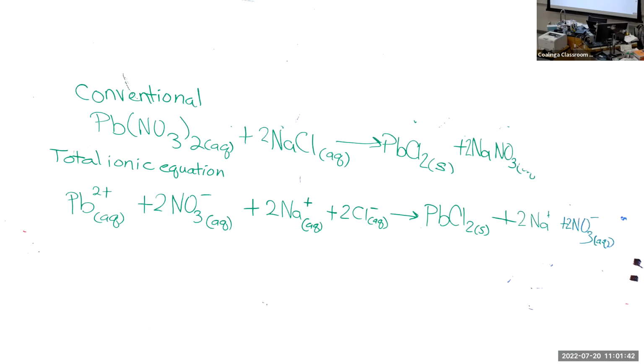So when we talk about spectators in chemistry, they're going to be exactly the same on both sides of the equation. Okay, so help me identify the spectators. Who is exactly the same on both sides of the equation? The NO3, yeah.